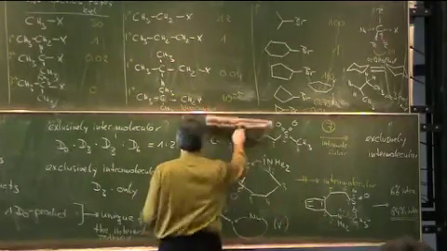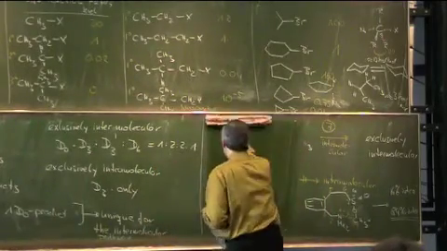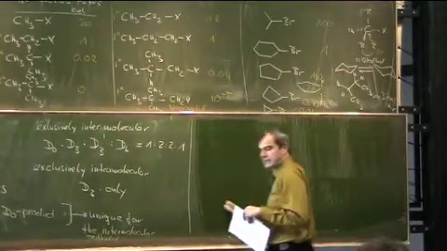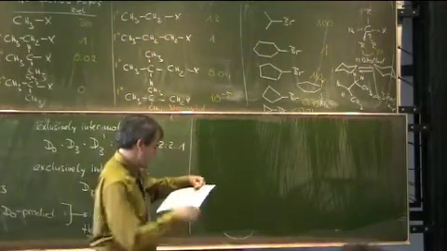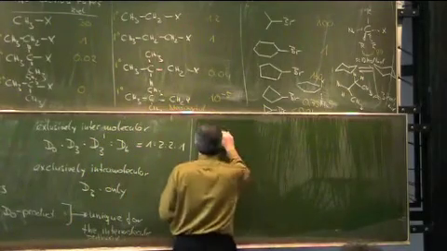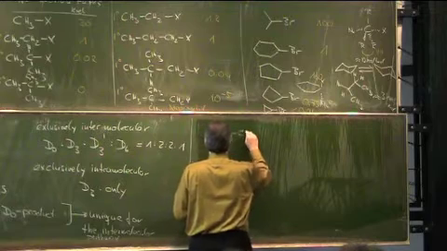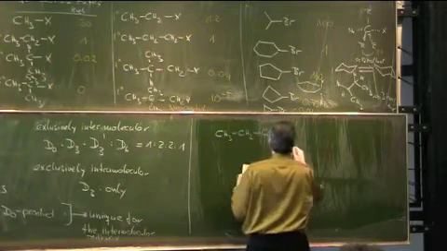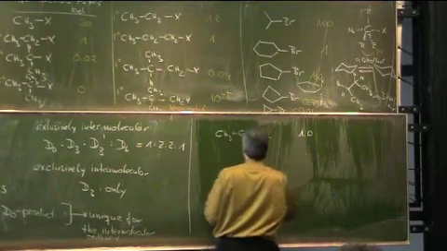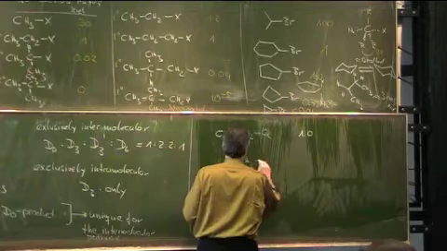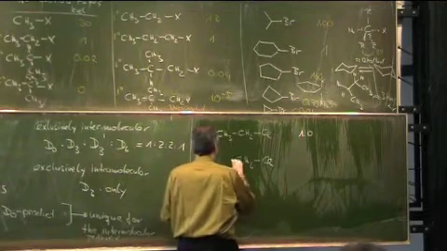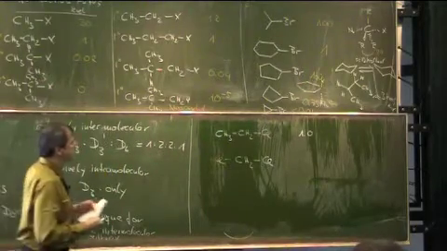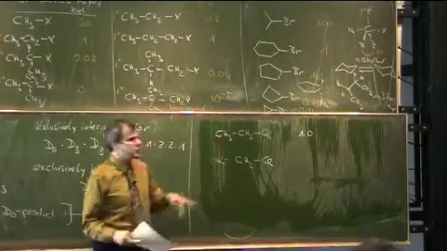And as the last example, our last group of examples, let's look at what happens if we substitute one methyl group with another chloride.